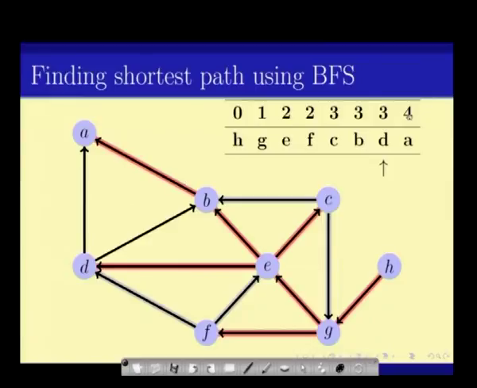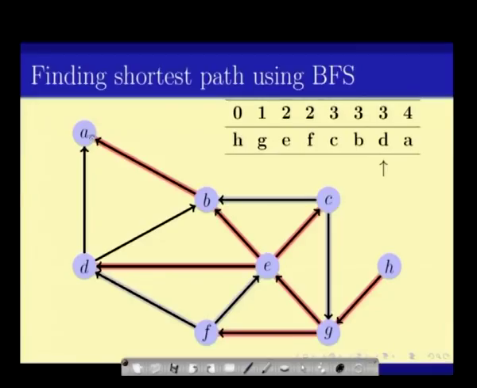Again, to repeat my argument, why can't A's distance be less than 4, which is 3? A's distance can be less than 4 only if there is a path from H to A of length 3. But if there is a path from H to A of length 3, then there must be an intermediate vertex at distance 2 from which A can be approached, and in that case when that vertex was being looked at, A would have been discovered, and that was not the case.